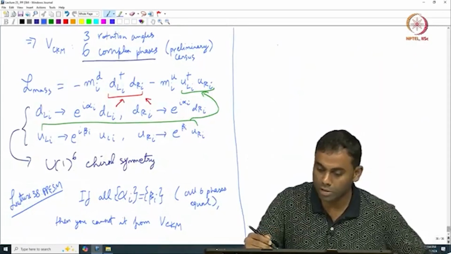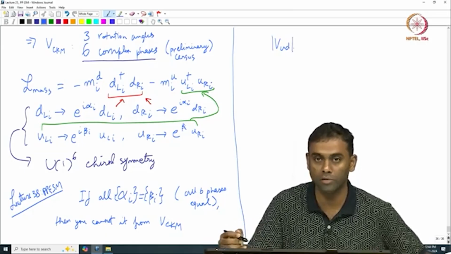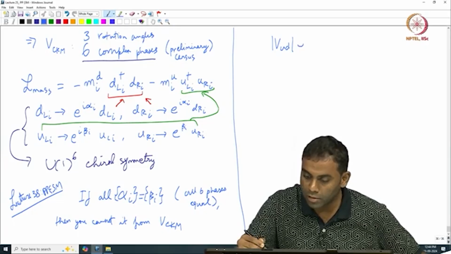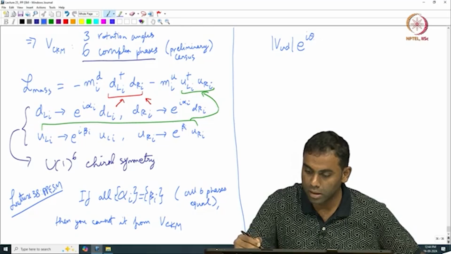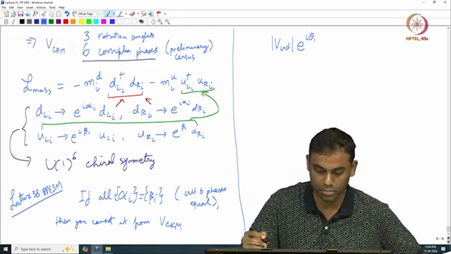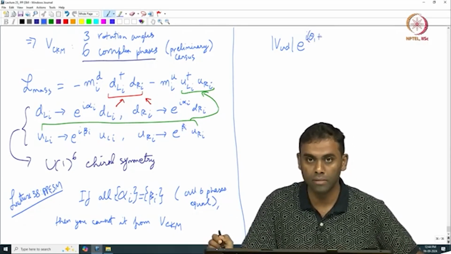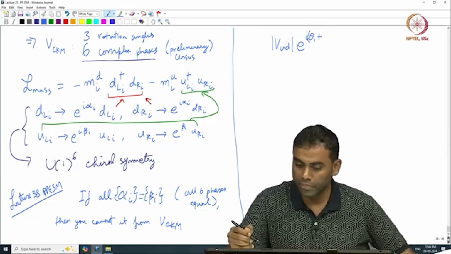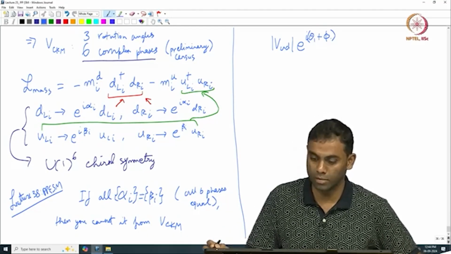So I am going to write out, so we have a VUD, right. I am going to pick 6 arbitrary elements where I give it a phase, okay, and I am going to write the phases in a funny way, okay. Let me call it e power i theta 1, okay, let us just call it theta, but I am going to call the entire phase some phi, okay.